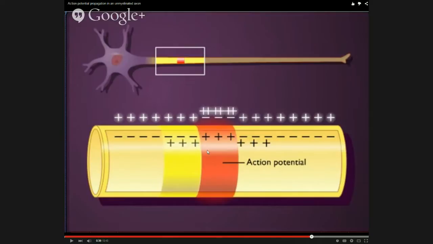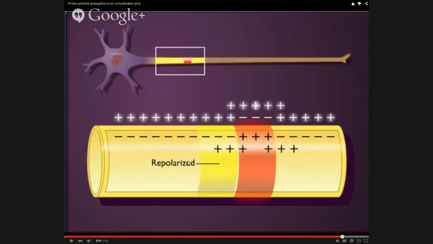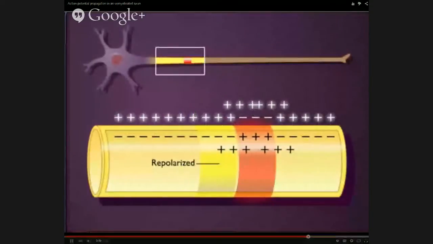Now, at this point in the voiceover, they mention that the action potential only moves in one direction because the segment of the axon that was just going through the action potential is in what's called, I guess they never actually labeled it.